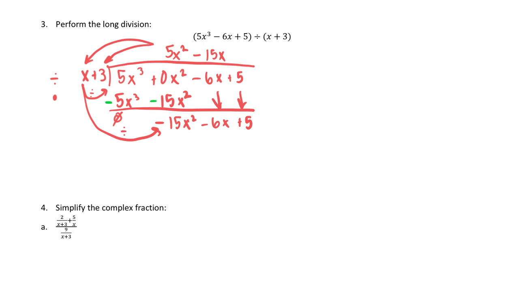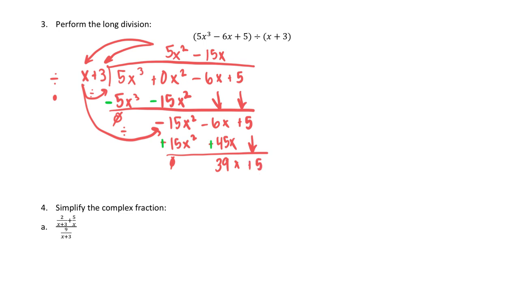Then we do the multiplication, so that's negative 15x squared, and that's negative 45x. Okay, then we're going to change each thing's sign that we're subtracting, because that's what subtraction is, just changing the sign. Here we get 0. 45 minus 6 is 39x, and we'll bring down that 5.